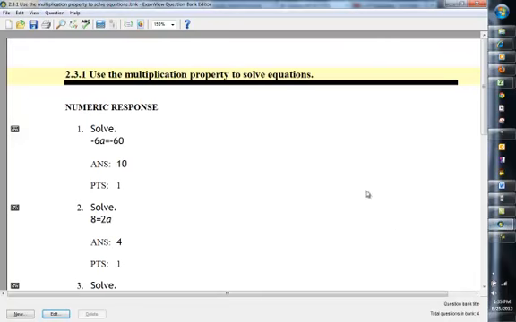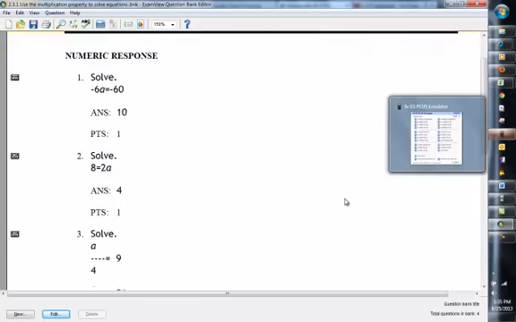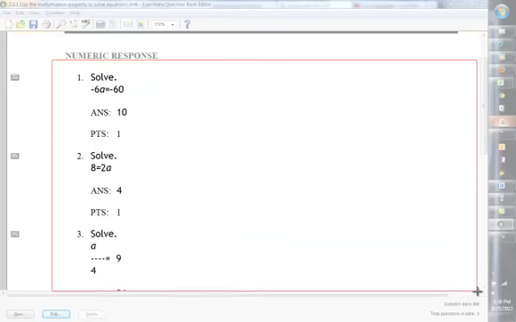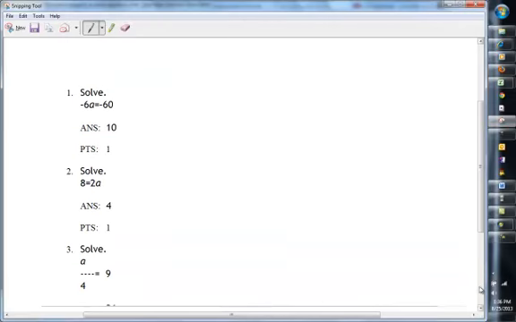So let's look at this first thing that we're supposed to solve using the multiplication property. I'm going to get some problems up here, and let's solve these three problems. In the first case, we want to get the a all alone, so we are going to start with the equation negative 6a equals negative 60.